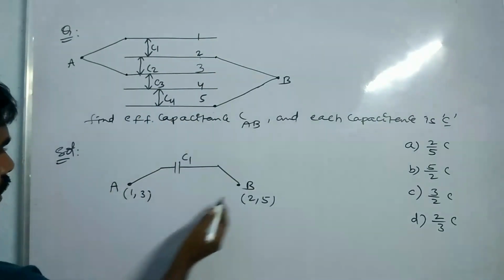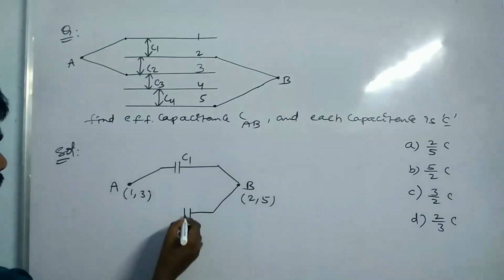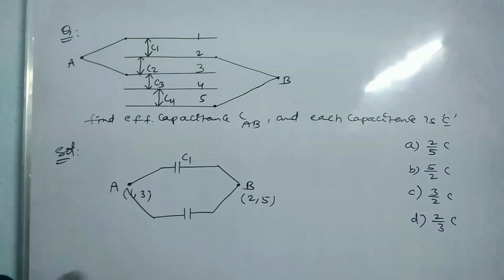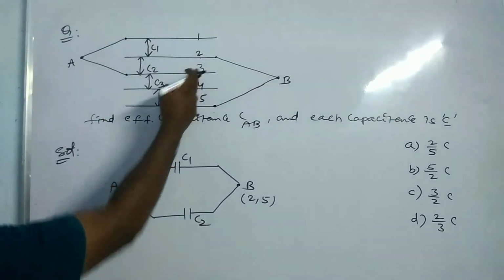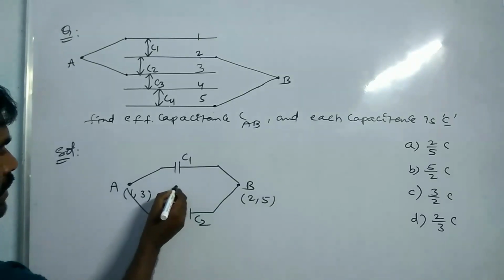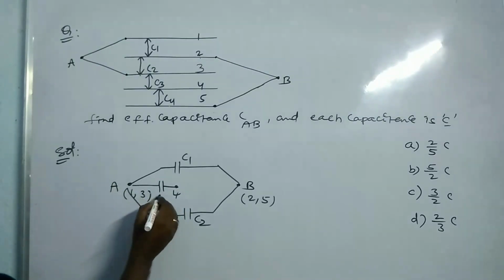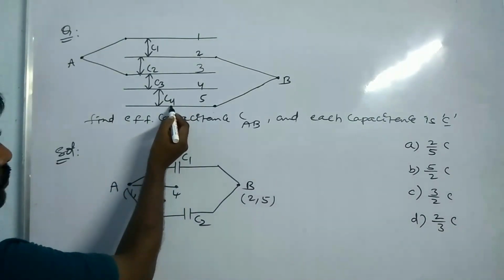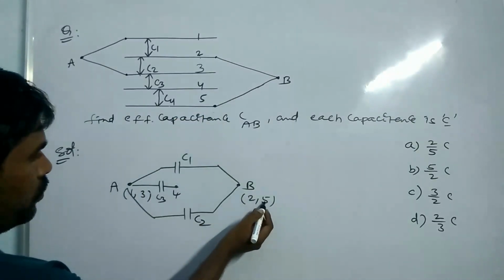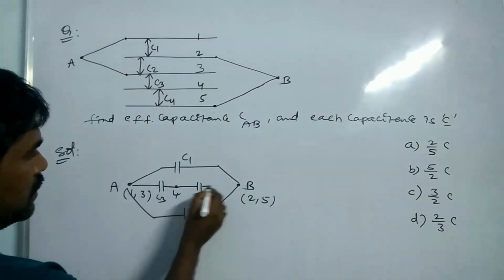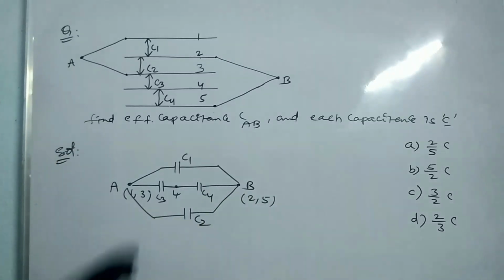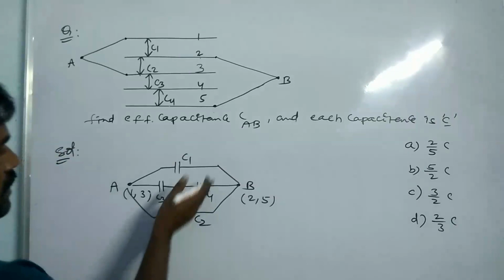Capacitor C3 is between 3 and 4, and one more capacitor C4 is between 4 and 5. This is the circuit you have to simplify. Redraw the circuit, and now we can easily calculate.